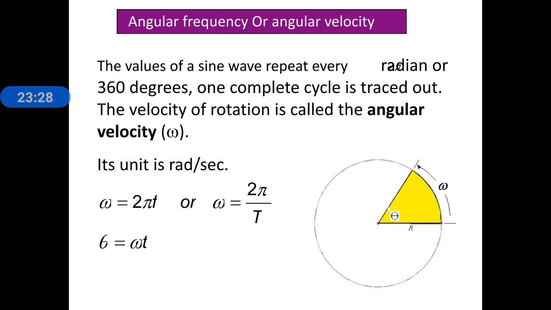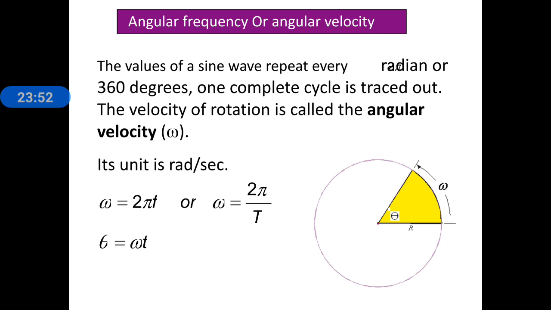Angle can be measured in degrees or radians. We can use radian or degree, or we can convert between them. Here angular velocity is always denoted in radians per second.